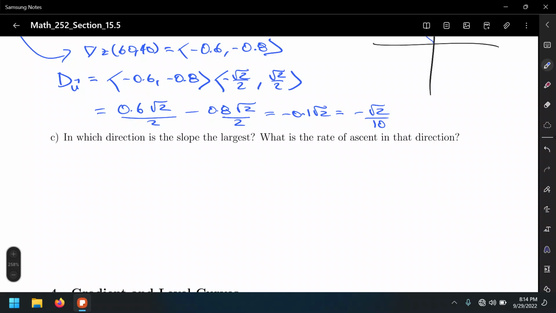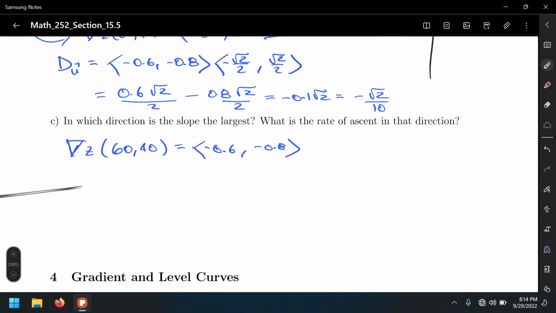We have the gradient vector at the point (60, 40), which again, let me rewrite it, is negative 0.6 comma negative 0.8.